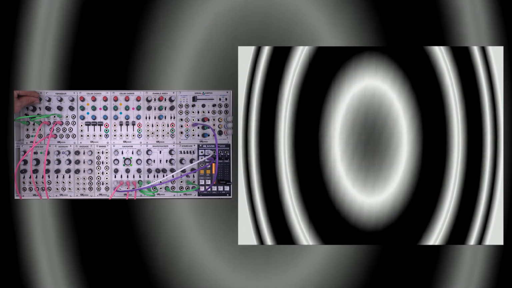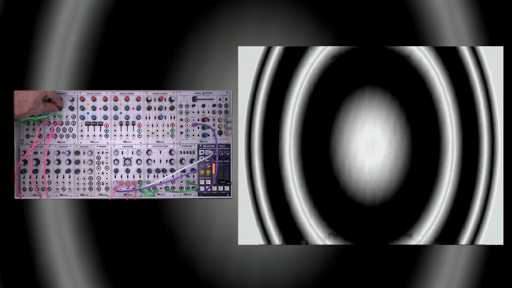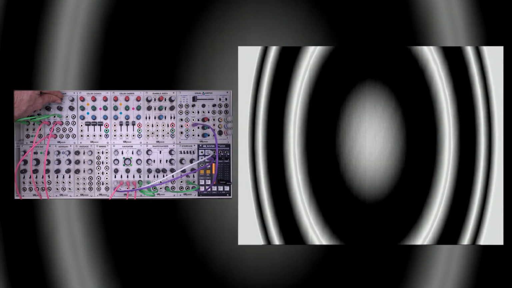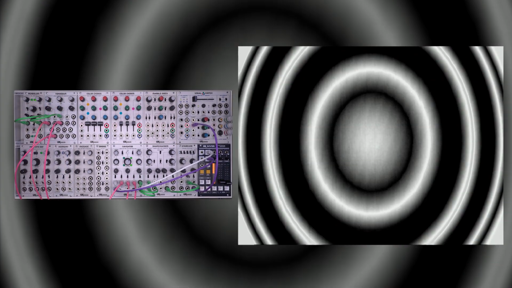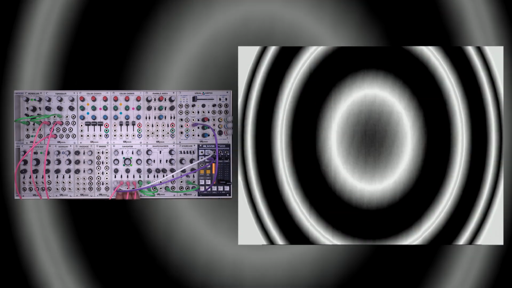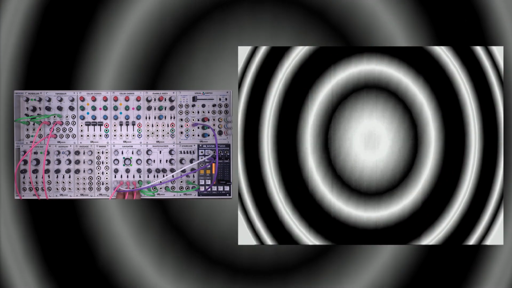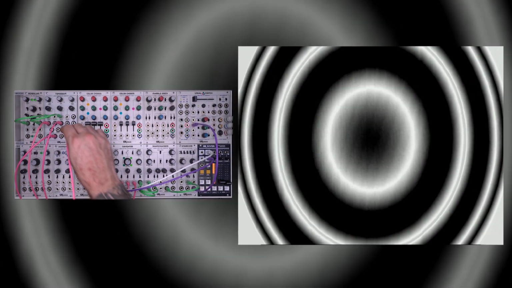I'm going to set these up pretty fast, just so we can see a little more dynamic result. There we go. So now you can see we're adjusting the X voltage control, rotation voltage control, and Y voltage control. And even though we're using the same LFO to control them all, we're getting different results in every dimension.